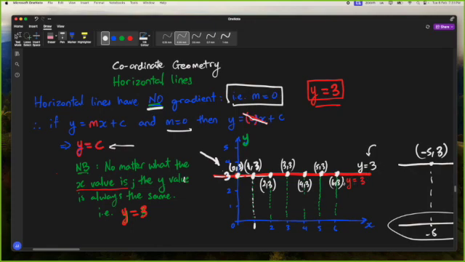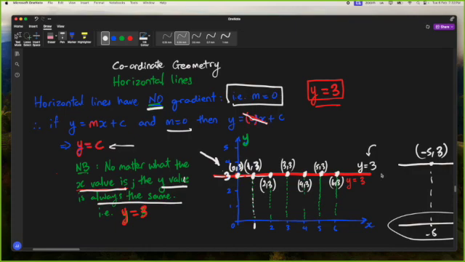You have to know the difference. This is one thing that has messed up students, the difference between a horizontal and a vertical line. When you see y is equal to a number, notice that no matter what the x value is, the y value is always the same.